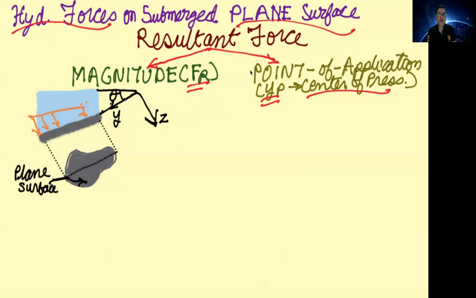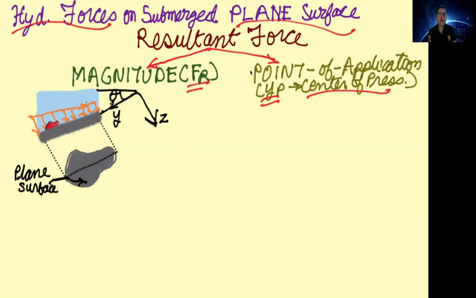Now the pressure distribution. I had mentioned that the pressure on a solid surface acts normal to the surface, and pressure at a point is a scalar quantity. So here the pressure is shown acting on a solid surface, and you can see that the arrows are shown normal to the solid surface.